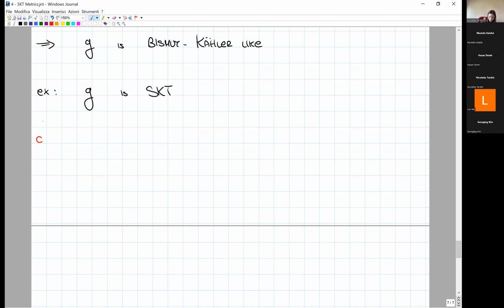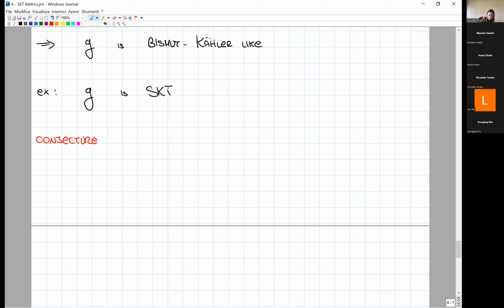Okay, so what is the conjecture? What was the conjecture related to Bismuth Kähler-like metrics? Because we said that when the Chern connection is Kähler-like, the metric is balanced; when the other Gauduchon connections are Kähler-like, the metric is Kähler. So what happens when the metric is Bismuth Kähler-like?